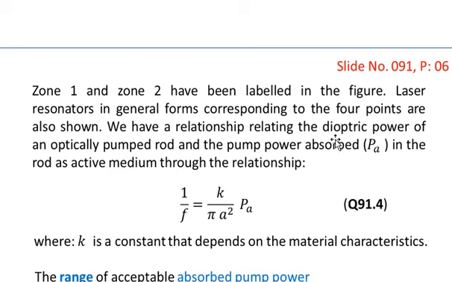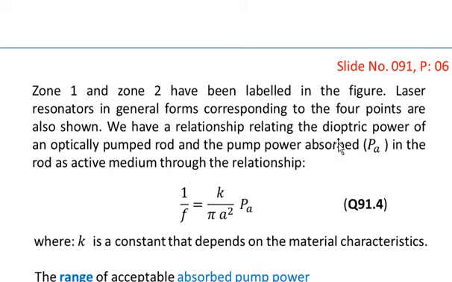We have a relationship relating the dioptric power of an optically pumped rod and the pump power absorbed PA in the rod as the active medium. So 1 over F is equal to K over pi A square multiplied by PA, where PA is the pump power absorbed in the active medium rod, and 1 over F represents the variation in the power of the pump.